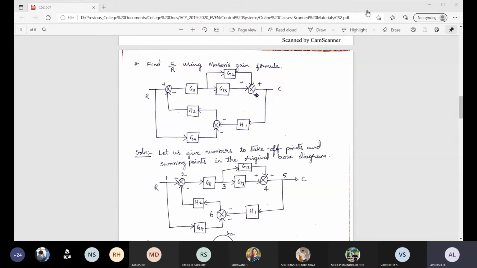Okay. So please take down the diagram. Once you take the block diagram, please let me know. So please take down the block diagram and tell me when you complete it.